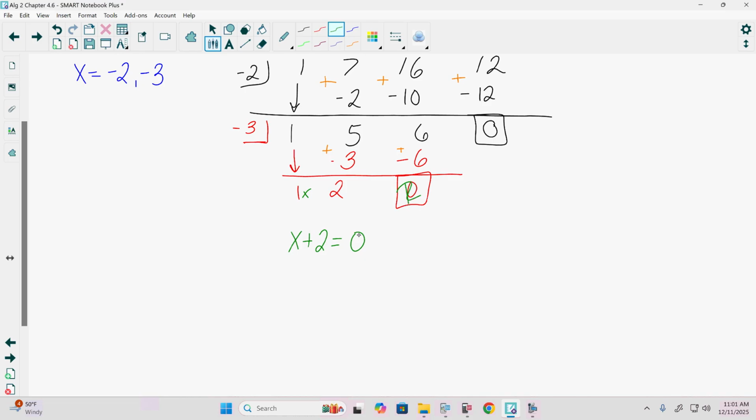So it does look like it is -2. x plus 2 is equal to 0. We subtract 2, telling us yes, the other solution is -2. So that worked. That also means instead of doing -3 for that second synthetic division, we could have done -2, telling us that the final equation would have been x plus 3, telling us that the third solution is -3.